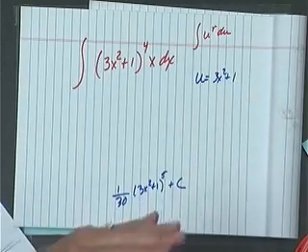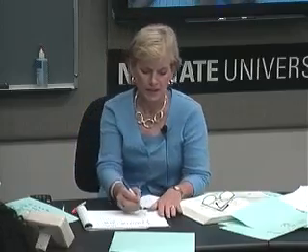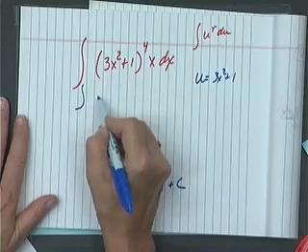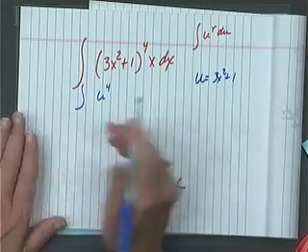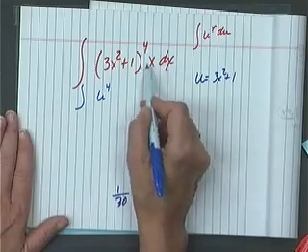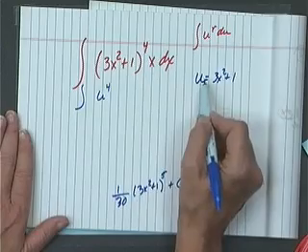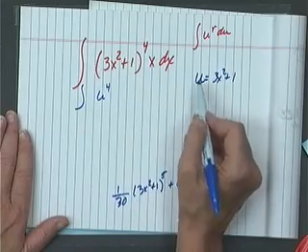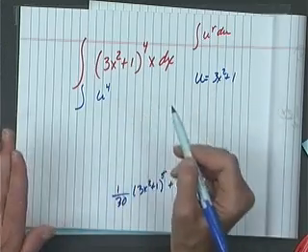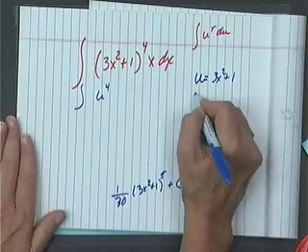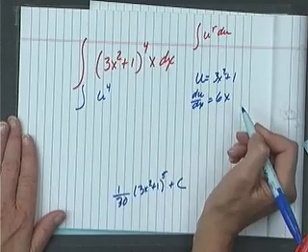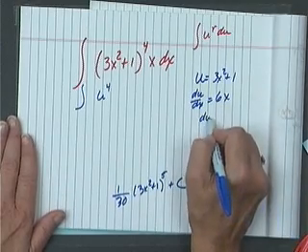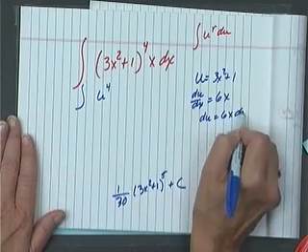All right, you always go through the same steps every time. Come right underneath u to the 4th. Don't worry about anything else in there until you come and take the derivative. So always find your u, then take your derivative. So du/dx is equal to 6x. du is 6x dx.